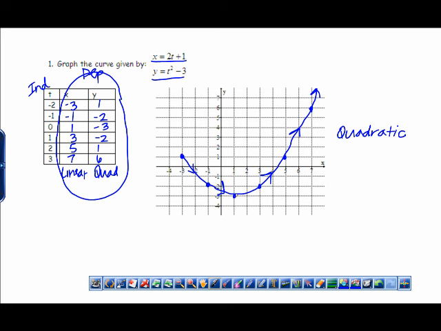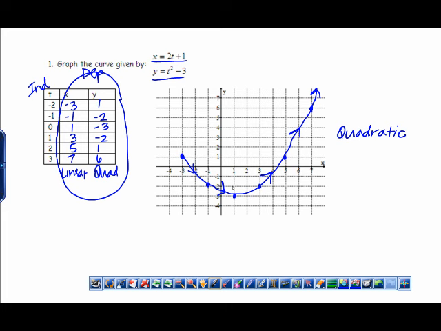Anybody who hasn't really talked about parabolas very much lately, like all of you watching this video, you're probably going to struggle with writing the equation of this quadratic. I'm not going to review how to do that right now. That's not that important for this particular lesson. But tell me, if you had a set of data and you knew it was quadratic, how could you write the equation if you had to?